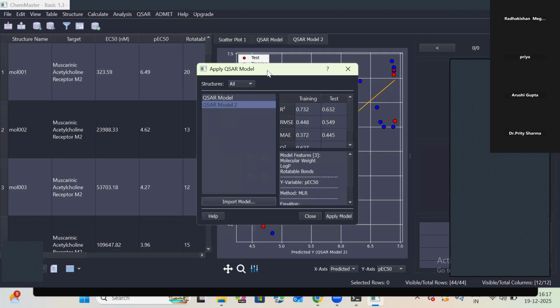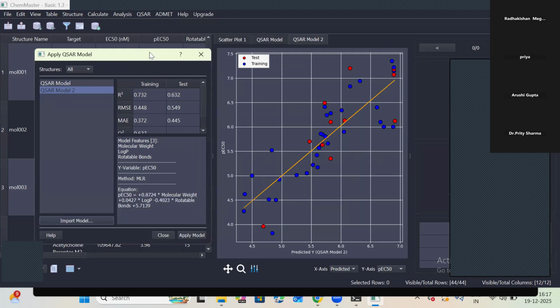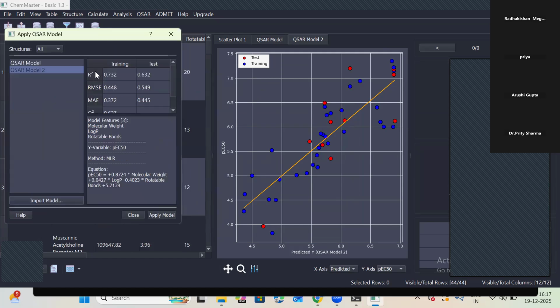Here we have the results. What does R square represent? R square represents the coefficient of determination.